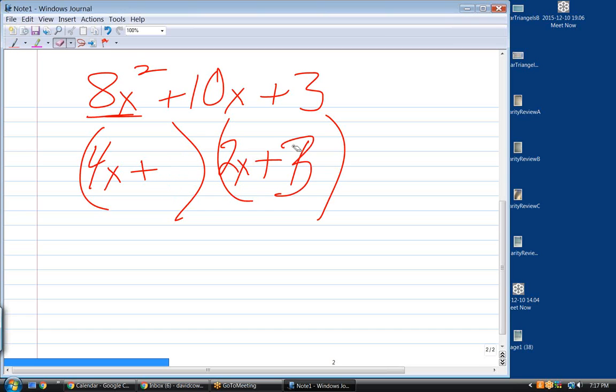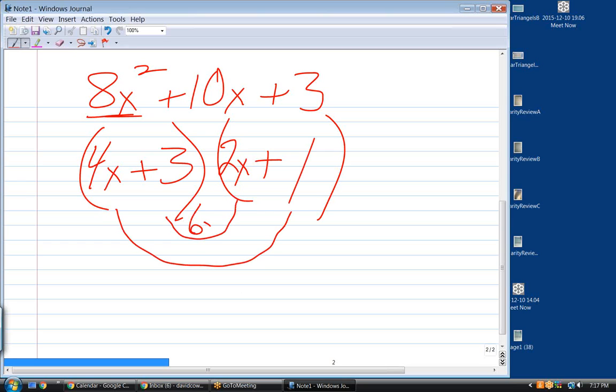Okay? But then what about 10? Right, but if I put a 3 here and a 1 there, my middle term always comes from the insides and the outsides. The insides multiply to 6x, the outsides multiply to 4x, add those together, you get your middle term. Okay?